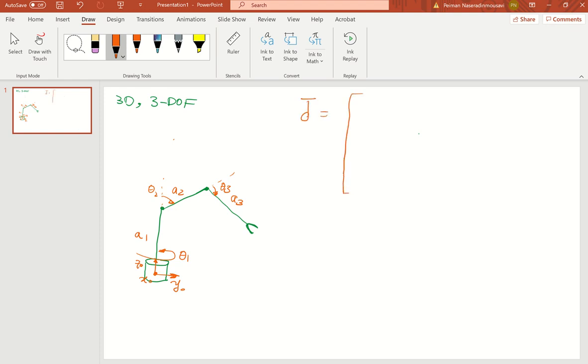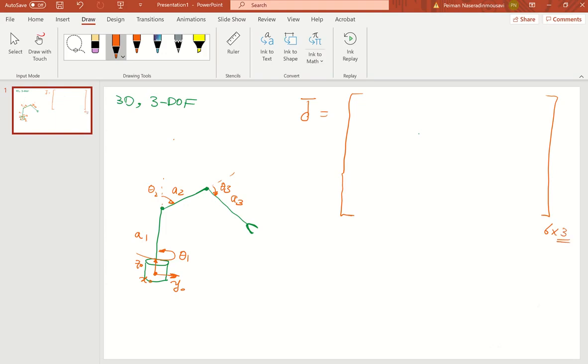Because this is a 3 degree of freedom system, we have 3 joints here. So let me make it a little bigger. So this is 6 by 3, right? The 3 is for the joints of the degree of freedom system.